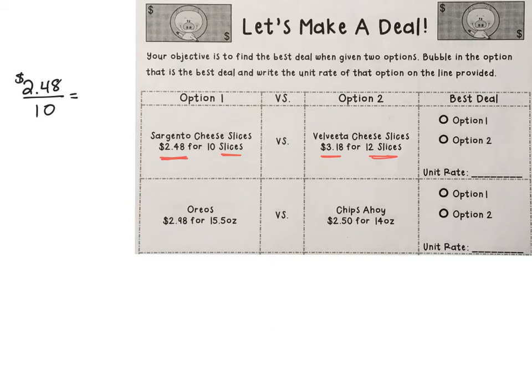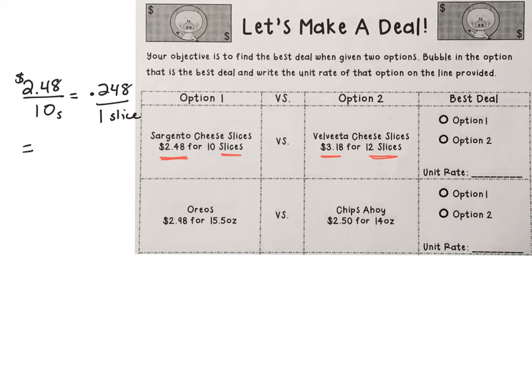You can use a calculator and punch it in there. $2.48 divided by 10 gives you 0.248. That's 0.248 dollars per slice. Per one slice. That is a unit rate.